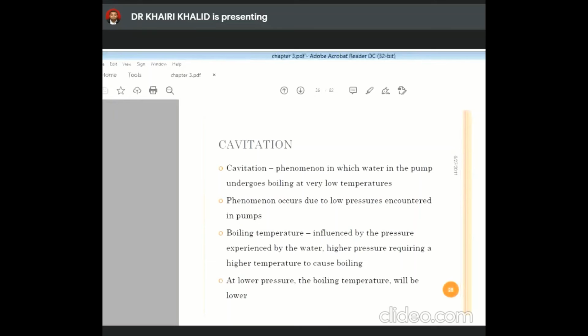Cavitation by theory is a phenomenon in which water in the pump undergoes boiling at a very low temperature. Class, what is the boiling temperature?